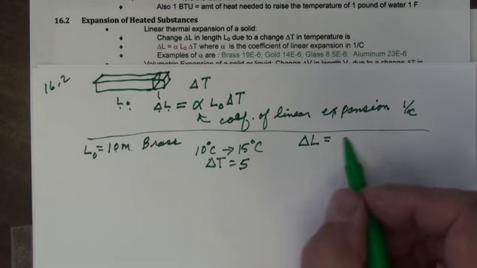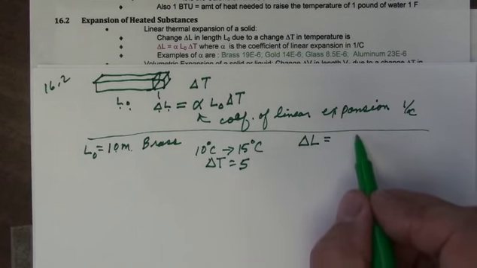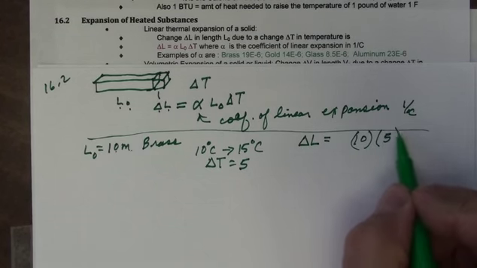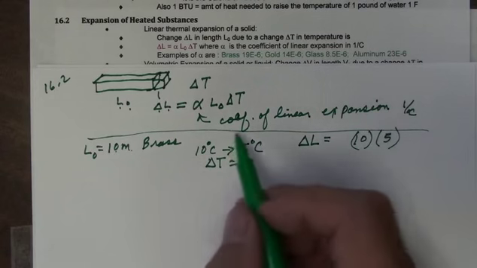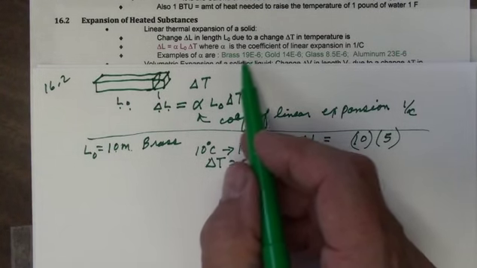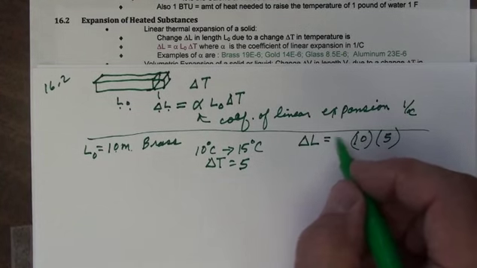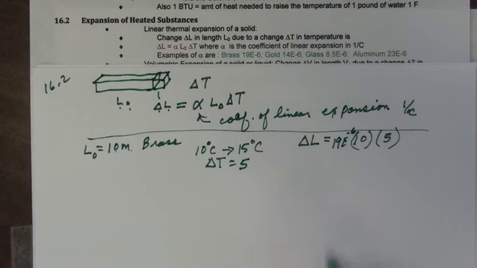The change in the length would be the natural length, 10 in meters, and then the change in temperature, which would be 5, and then we would have to put in the coefficient of linear expansion of brass, which would be 19 e to the minus 6.